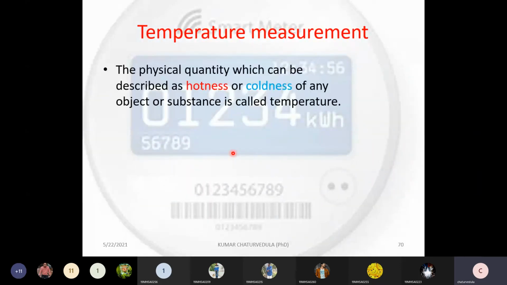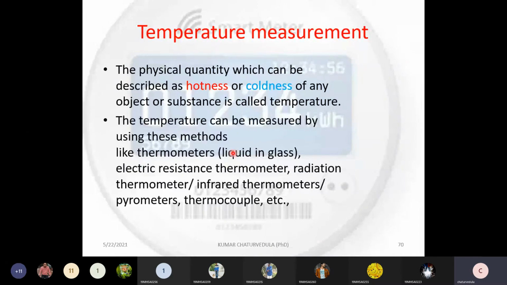So temperature measurement. What is temperature? Temperature is nothing but the hotness or coldness of a substance or a body. Temperature can be measured using a thermometer. That is why I have shown you digital thermometers or analog thermometers where there is liquid in a glass.